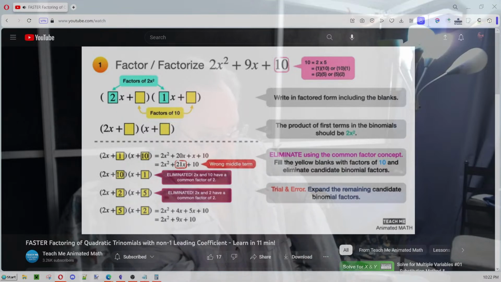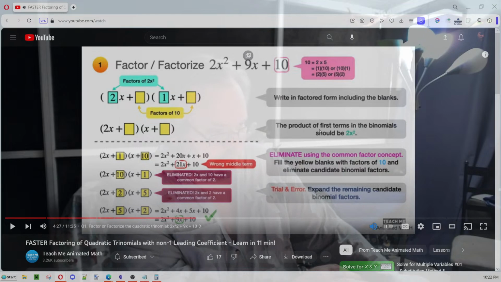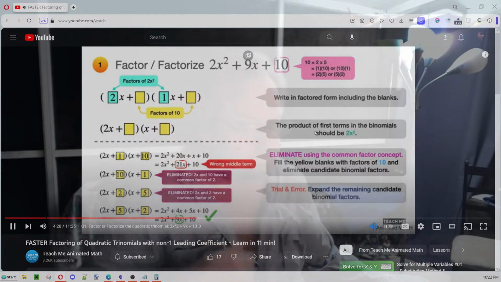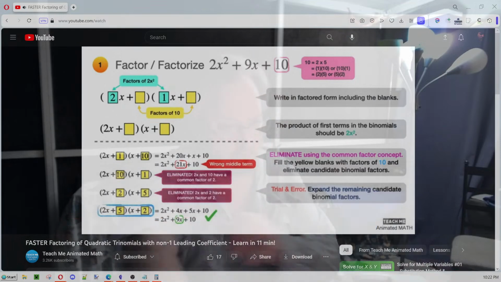The resulting middle term is 9x, which is what we are looking for. The final answer is 2x plus 5 times x plus 2.